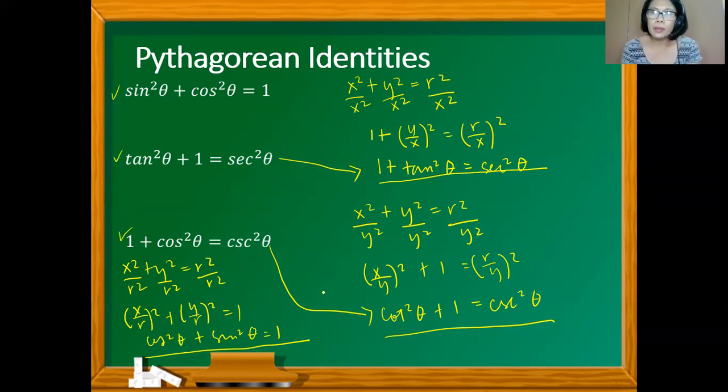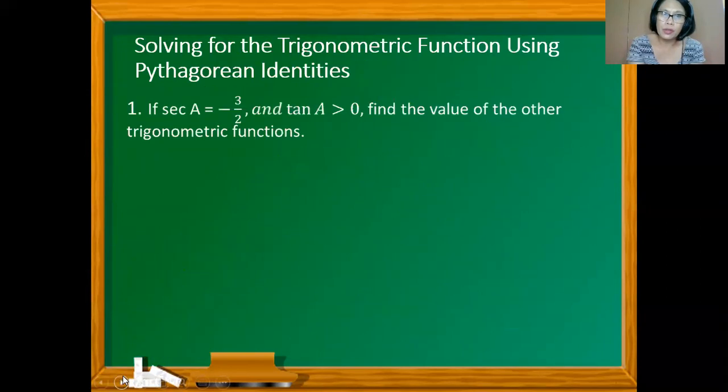Now, using the Pythagorean identities, this will help us solve for the missing trigonometric function values. So this time, we're going to solve for the missing trigonometric function values given one trigonometric function. So if secant A equals negative 3 halves and tangent A is greater than 0, find the value of the other trigonometric function values.